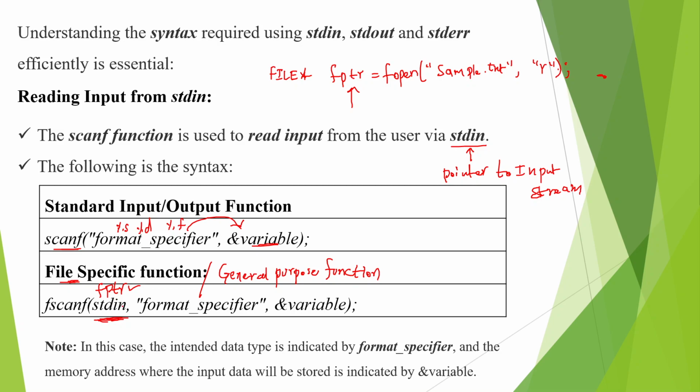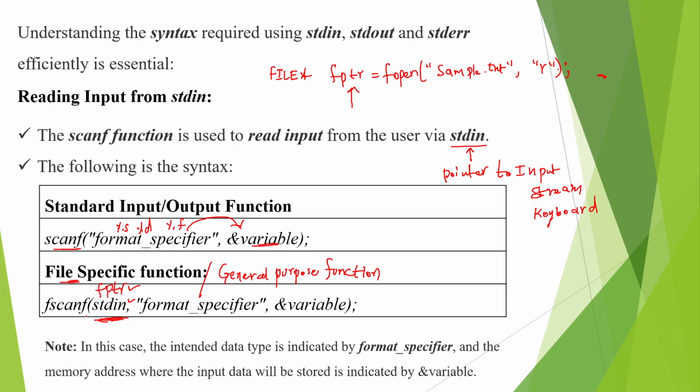But if I put stdin in place of fptr, stdin is a reference to the input stream, which is nothing but your keyboard. So from where will the fscanf function read the data? If you put stdin here, it will read the data from the keyboard.